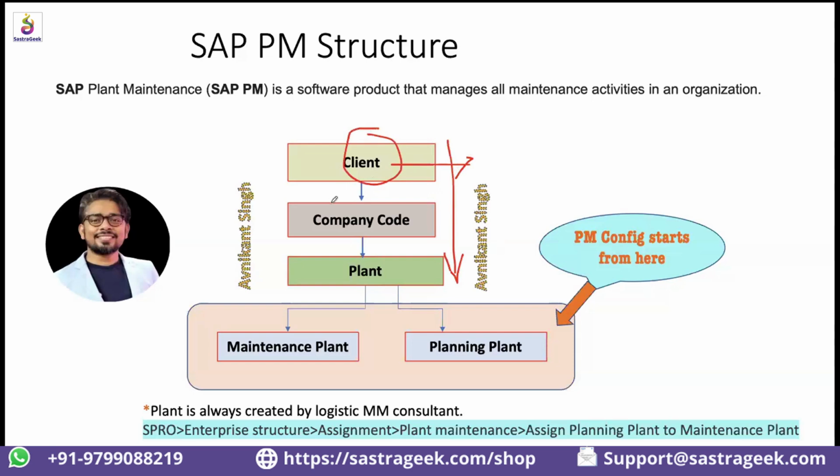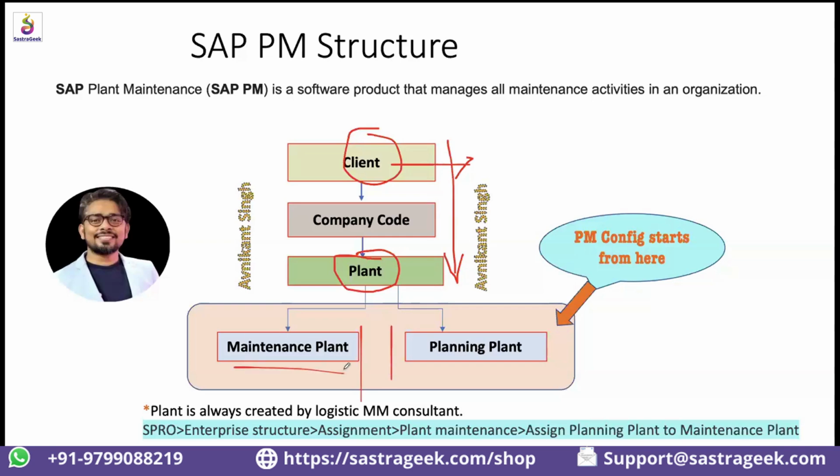Then it drills down to the company codes, where your profits will be going in, and the general ledgers will be pitching in. Then comes your plant, where the actual game starts for plant maintenance. Now, the plant will be divided into two different modules, that is planning plant and maintenance plant, right?